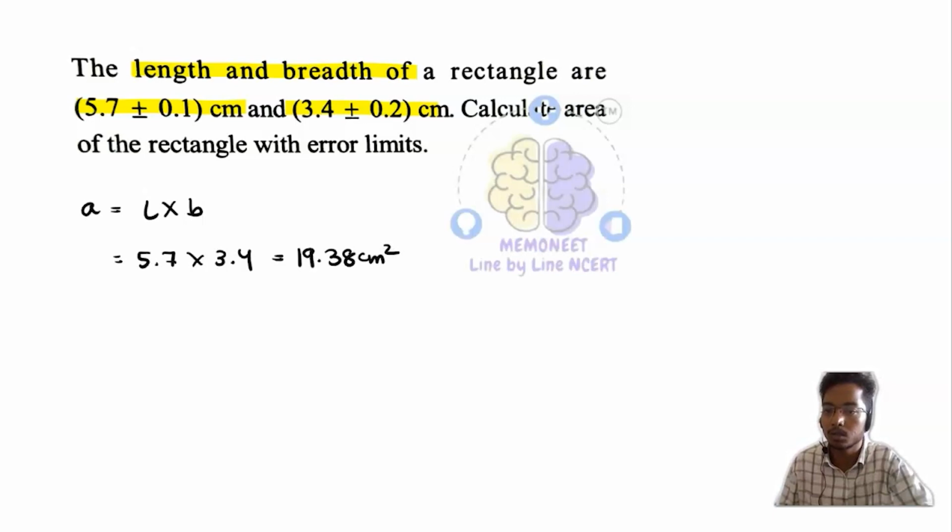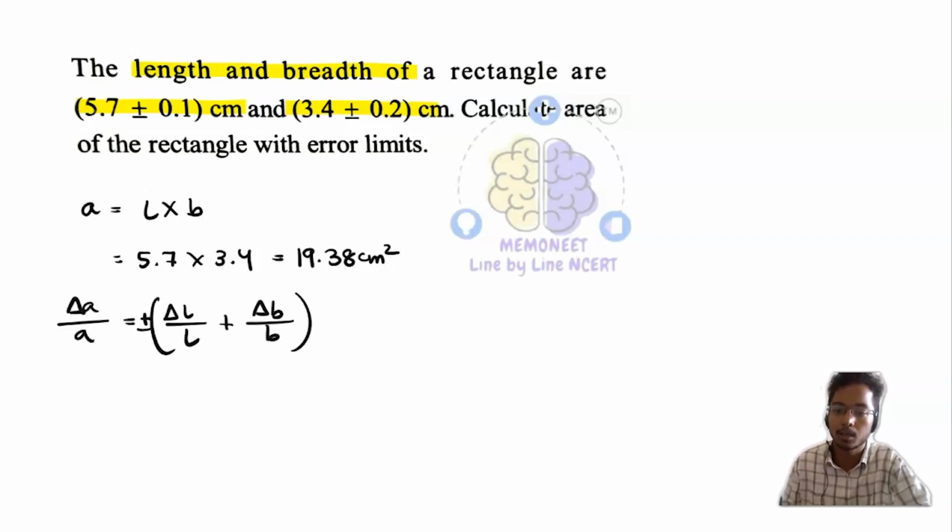Let's find the error: del A upon A is equal to plus or minus of del L upon L plus del B upon B, L for length and B for breadth. So we have del A upon A is equal to plus or minus of del L.